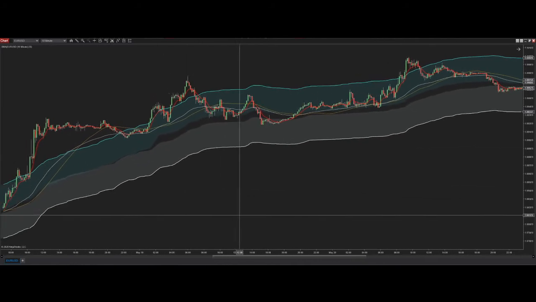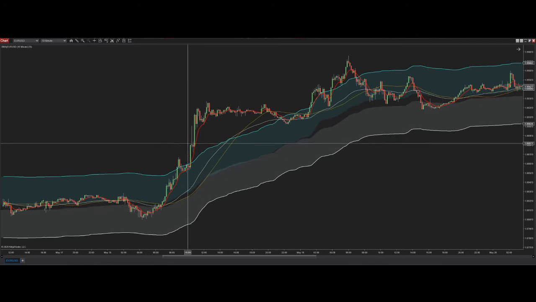Alright, so let's see. There was a big uptrend. There's a little red bar, so those have to be careful. If you get a little red bar and then continue with the green, we know what's going on.